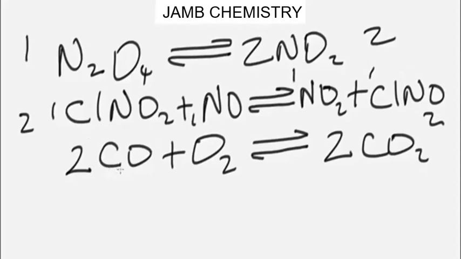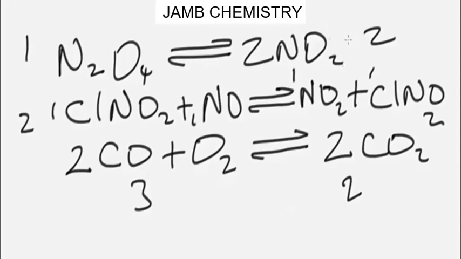And lastly, for the third reaction, an increase in pressure will cause the equilibrium position to shift from the left to the right, favoring the forward reaction. We have 3 moles of gas here and 2 moles of gas here at the right. So the equilibrium position will shift from the left to the right, favoring the forward reaction. So those will be the answers to these questions.